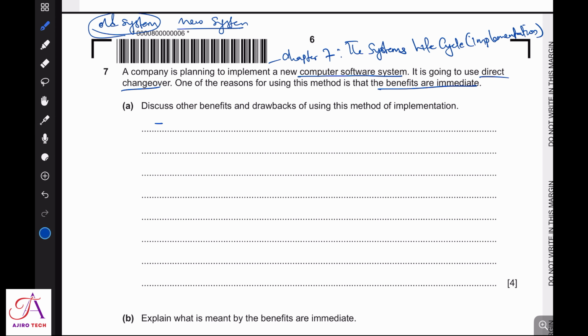Benefit, you have to put this first. Let your examiner know you're writing. It only needs one set of staff.